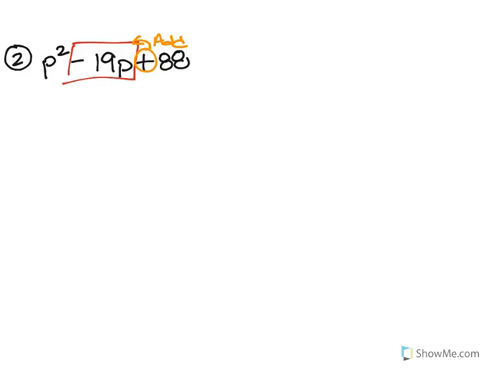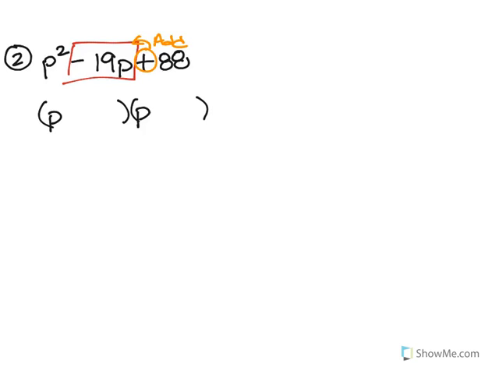Number 2. P squared minus 19p plus 88. So we're trying to get that negative 19p, and we are adding. So we're going to do our 2 parentheses, p's at the front.